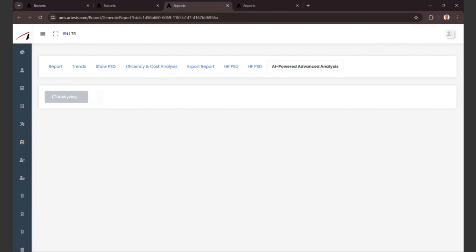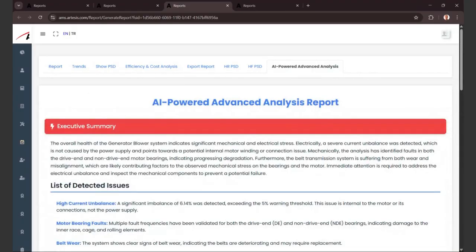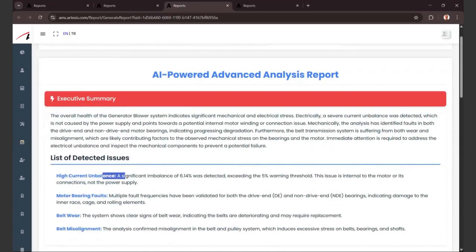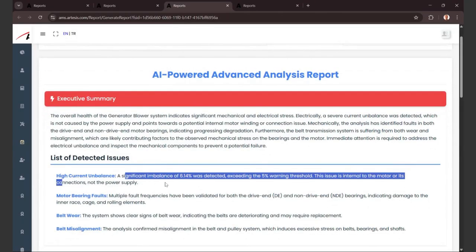Basically, what it does is look at everything that the expert analysis would look into: VFD, the power values that we're seeing, the voltage, current, RMS values, trending power factors, all that information, as well as, of course, the spectrum analysis of low frequency, high frequency, high resolution. The first thing it shows us is high current imbalance, which was 6.